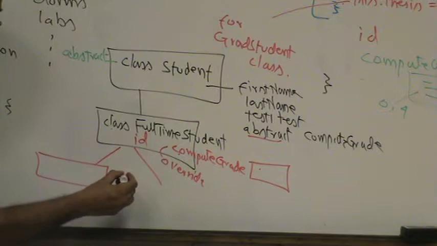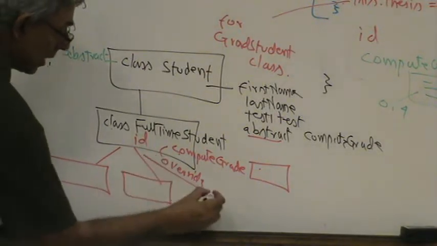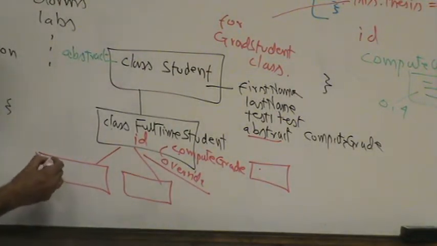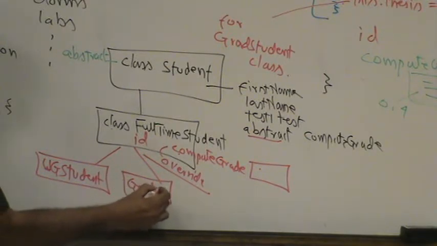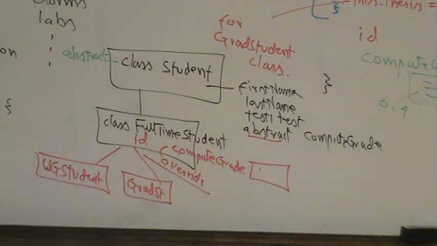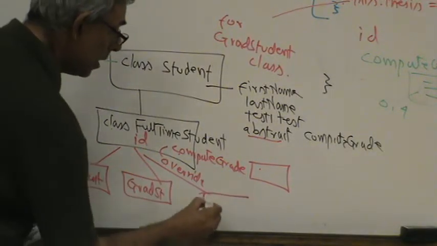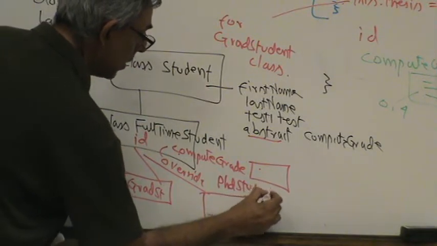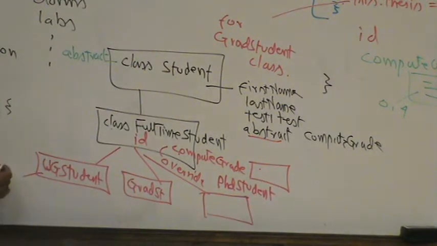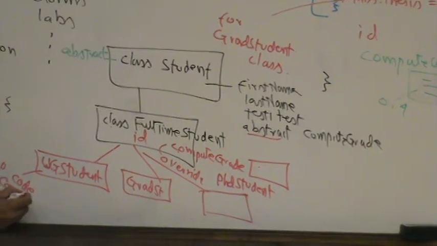Now from here, what classes will we inherit? UG student, because it uses the same 0.4 formula, and the grad student. What about the PhD student? So this will have no code for compute grade, correct?